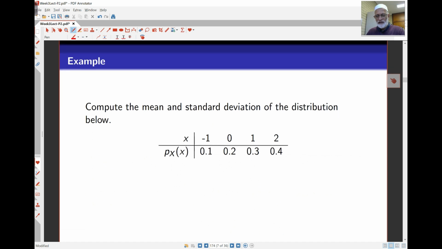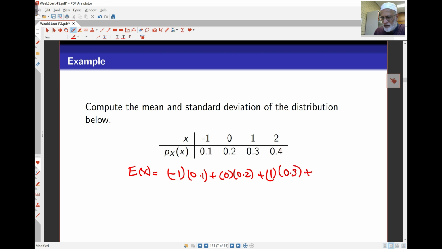Example here: the mean and standard deviation of this distribution. So we know that the mean here is going to be equal to, as we had before, the values times the probability. So it's negative 1 times 0.1, plus 0 times 0.2, plus 1 times 0.3, and then plus 2 times 0.4.